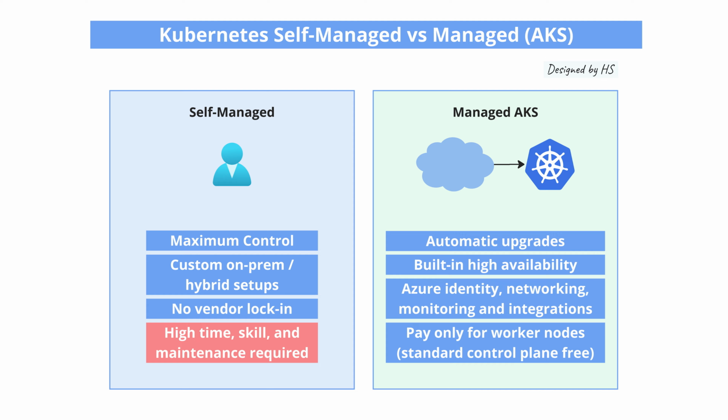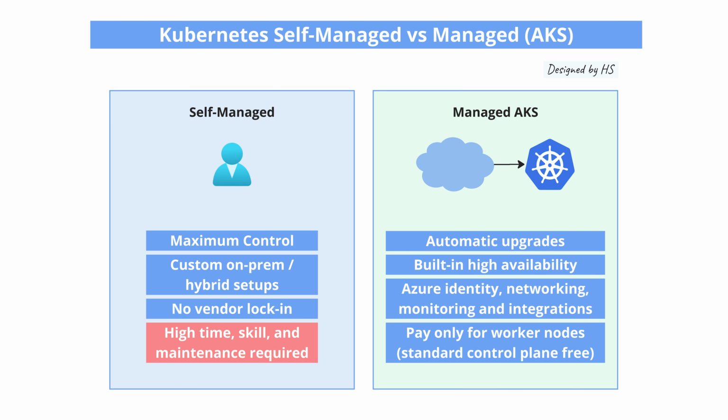So managed doesn't necessarily mean hands-off. Indeed, Microsoft manages the control plane, but you still own the data plane, your workloads, nodes, and configurations. What are the trade-offs? Self-managed gives you the maximum control, custom setups on premises or hybrid, no vendor lock-in, but demands time, skill, and constant maintenance, of course.